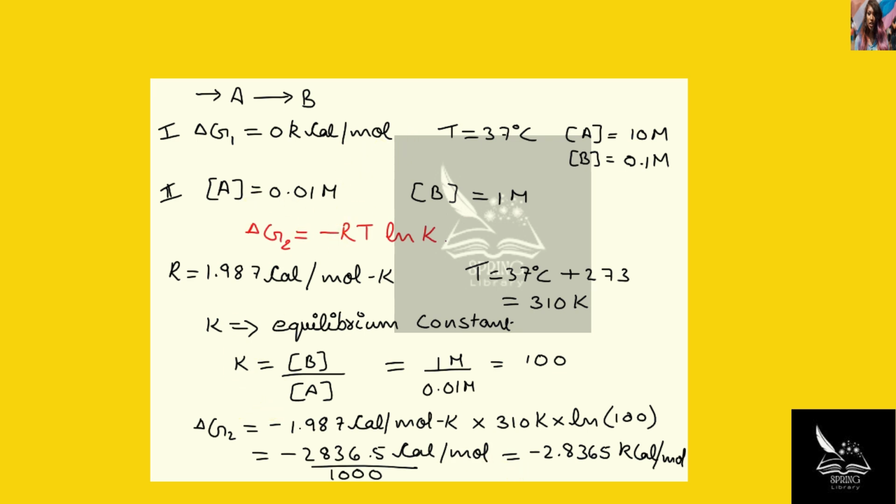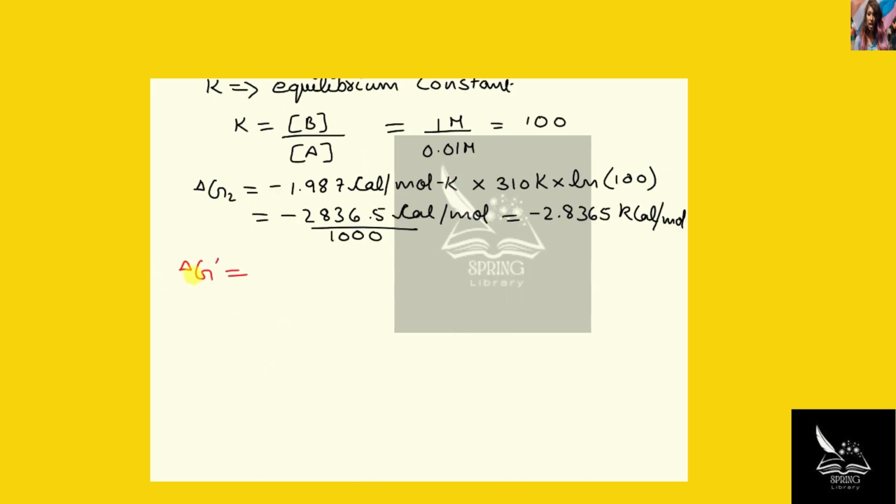Now we will see the change in free energy when the conditions are different. The change in free energy will be represented by delta G dash, and it is equal to delta G1 minus delta G2. Now let's put the values. Delta G1 is 0 kcal per mole minus the delta G2 value, which is minus 2.8365 kcal per mole.